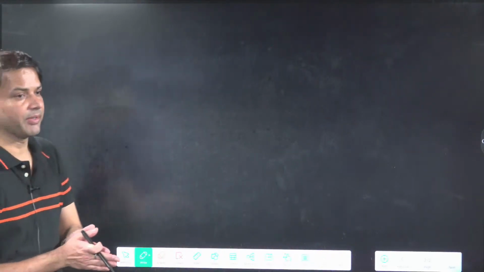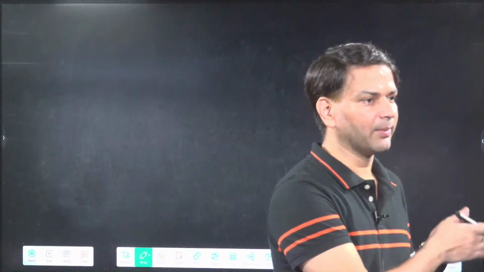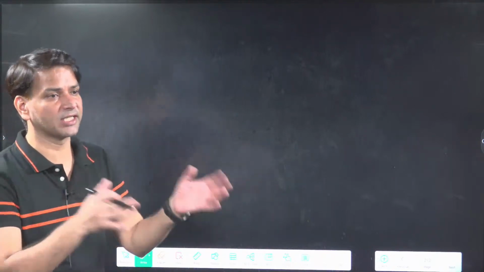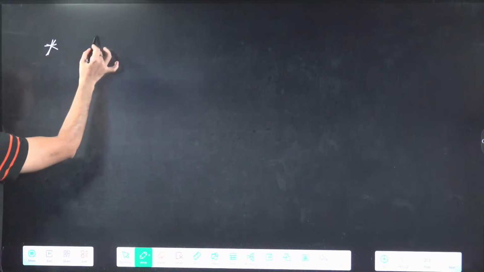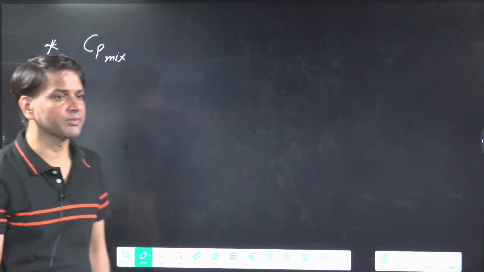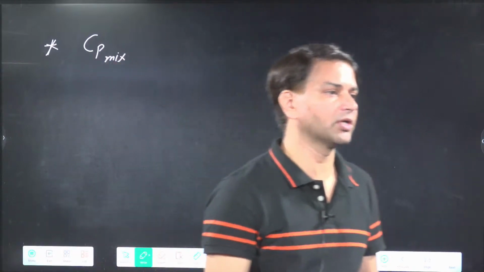Now in chemistry, maybe you have learned the molar mass of a mixture. The formula may be N1 M1 plus N2 M2 upon N1 plus N2. If we are mixing two or more gases, then we can calculate the molar mass of the gaseous mixture. Similarly, we sometimes require CP mixture and CV mixture. When we have a gaseous mixture, they can ask what is the CP mixture or the CV mixture.